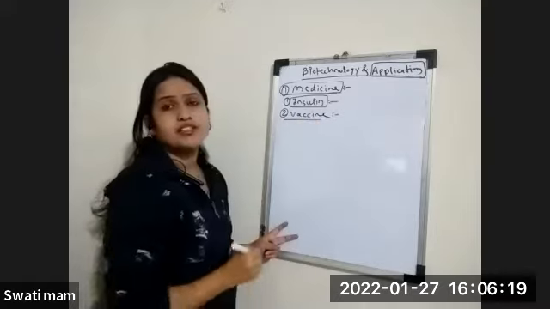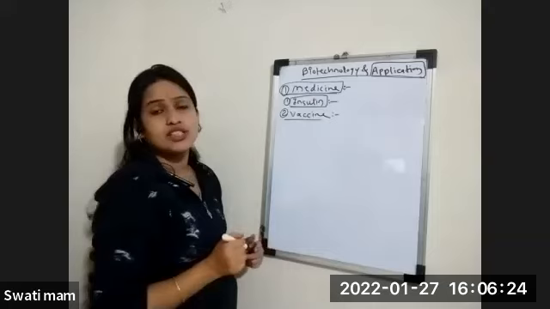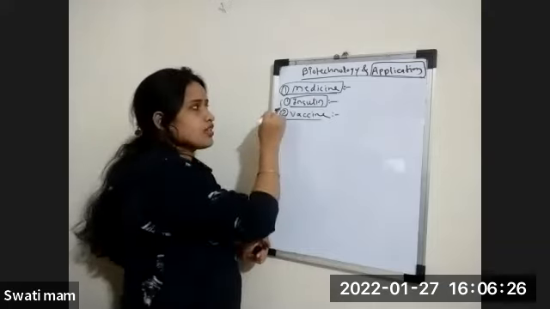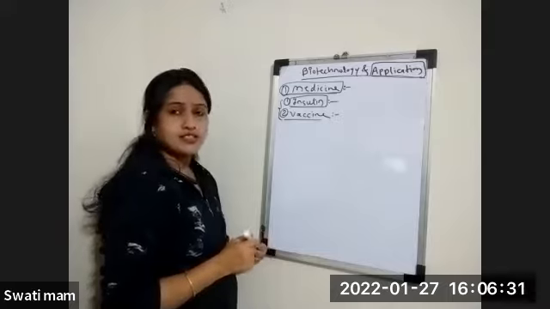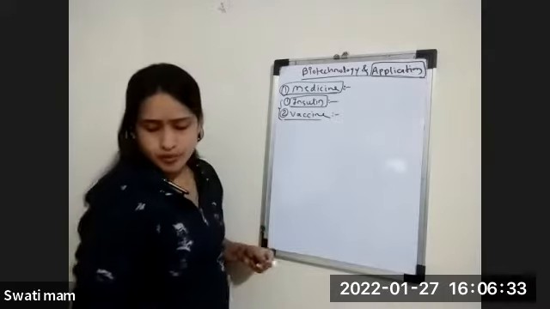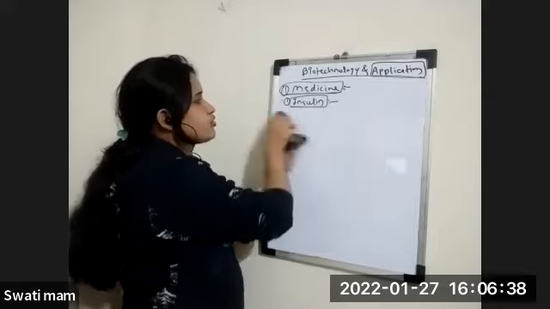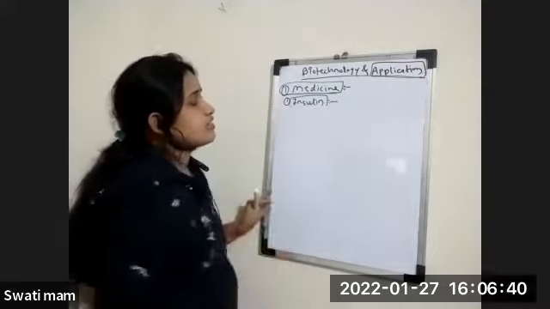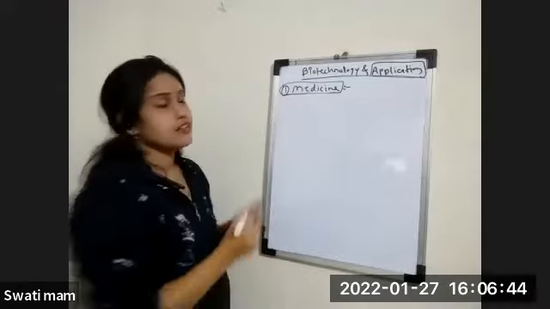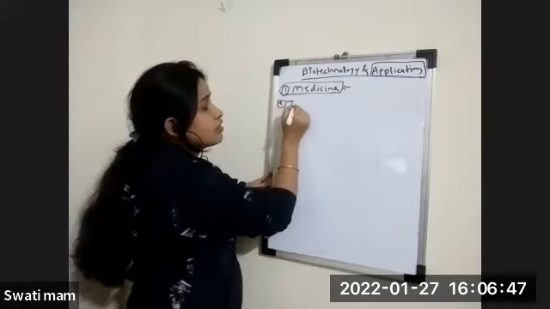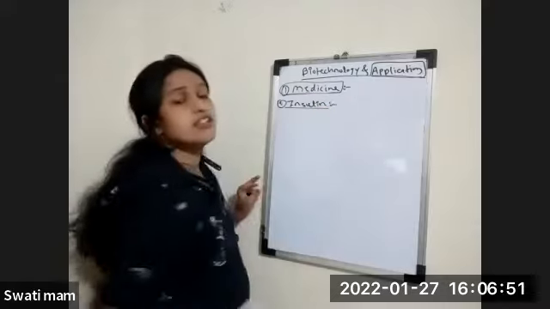These two examples are given as applications of biotechnology in medicine, and both are very important from the exam point of view as well as the NEET point of view. Many MCQs ask from this section. So we will start in detail what is insulin, how it is prepared, and apart from that, how artificial insulin is prepared in the laboratory.